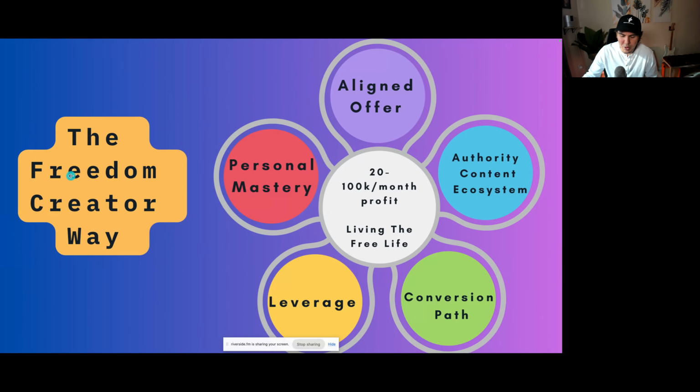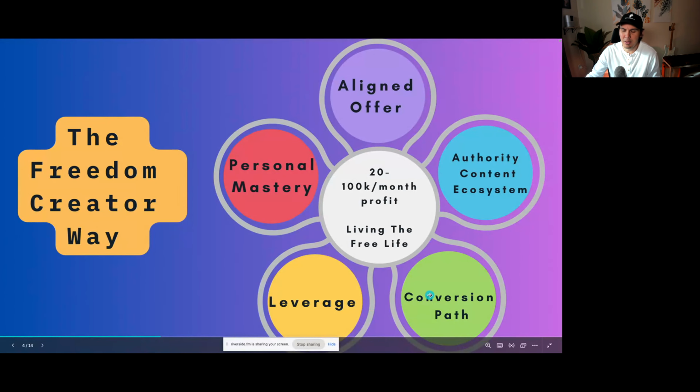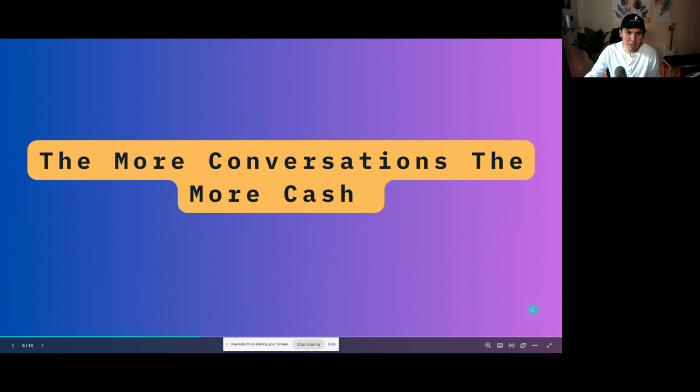Those are our aspirations. And it is comprised of these unique mechanisms. You need leverage. You need a solid conversion path to get them from cold to sold. You need a content ecosystem, right? Not just a funnel. And then you got to master yourself. Then you got to have a solid aligned offer, right? So I'm not going to dive into that, but let's get into it.